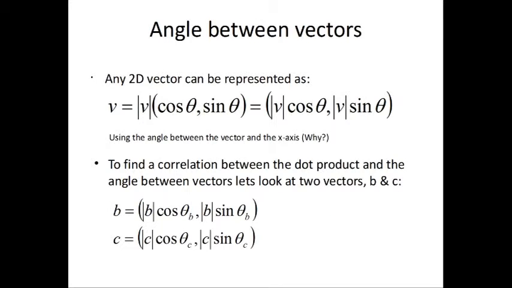So to use the dot product now in something of a relevant setting, we're going to look at the example of finding the angle between two vectors. This is actually something that we use in computer graphics for calculating the effect of light on a specific surface, because in that case we want to know what the angle is between the normal vector to the surface and the vector pointing from the surface to the light.